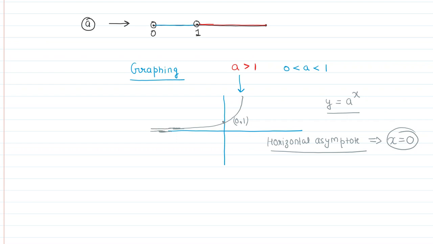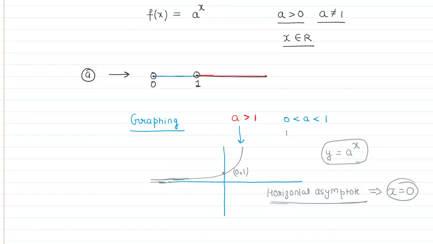It never touches y is equal to 0, but it converges to this line. So this is called the horizontal asymptote. So this is the graph of the exponential function when a is greater than 1.